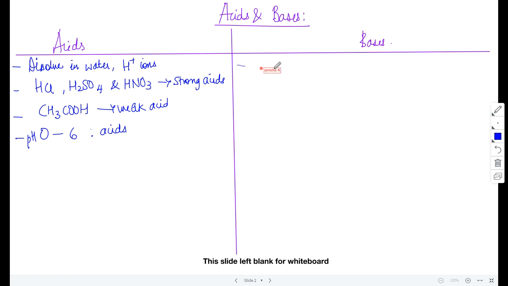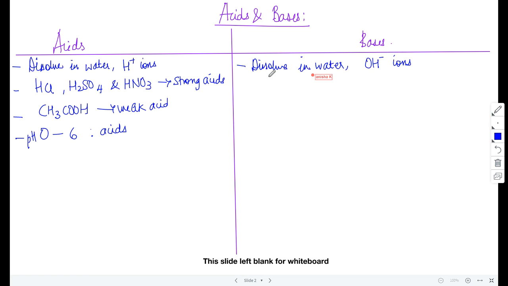Moving on to bases. Acids dissolve in water and form hydrogen ions, while bases dissolve in water and form hydroxide, that is OH-.